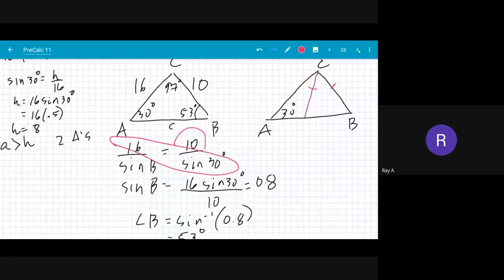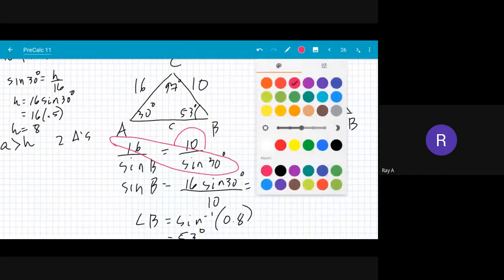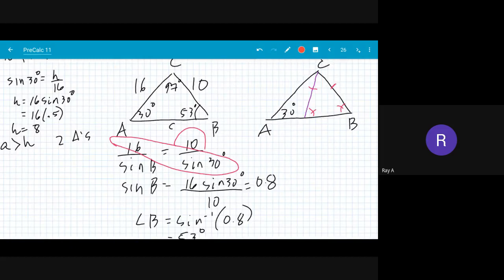Now, if those two sides are the same, therefore, this angle here would be the same as this angle here, so you have an isosceles triangle, isn't it? The isosceles triangle that I'm talking about is this one, not the big one. Now, we know that there is another triangle that would look like this, right?